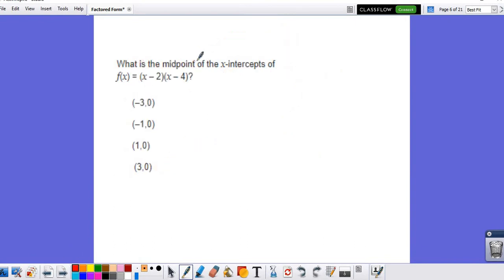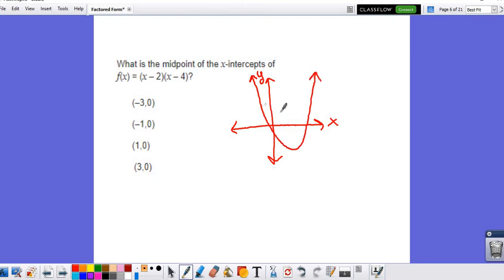All right. What is the midpoint of the x-intercepts of f of x equals x minus 2 and x minus 4? Basically when you graph this one, here's your x, here's your y. When you graph it, you have 2 x-intercepts, here and here, and you're looking for the point that's in the middle.